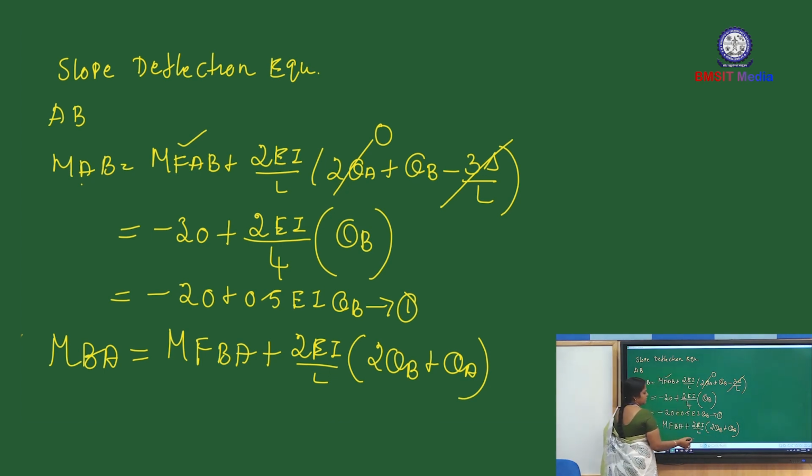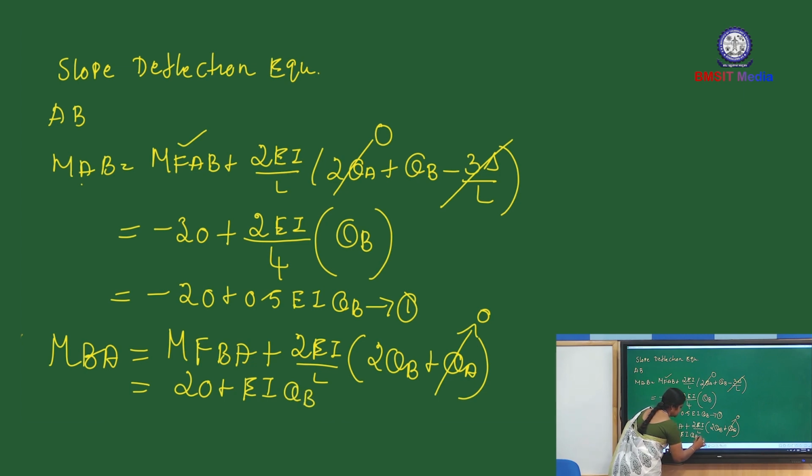End A is the fixed support, so this term becomes 0. If you substitute all the values, the length of span AB and I of span AB, and M of BA, already calculated, plus 20, finally we get 20 plus EI theta B. This is equation number 2.